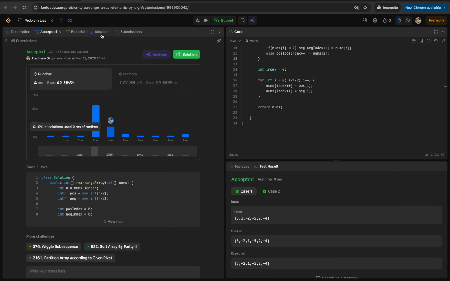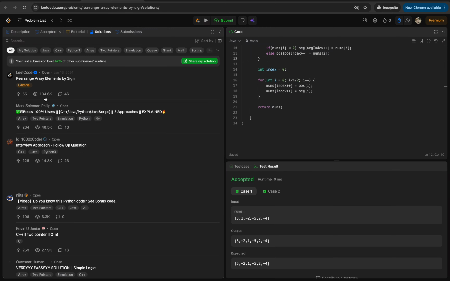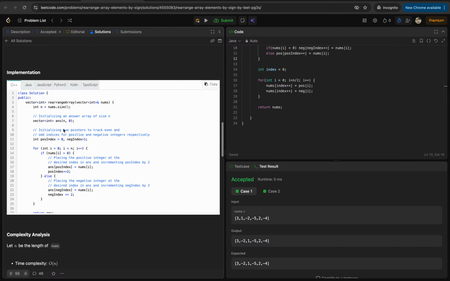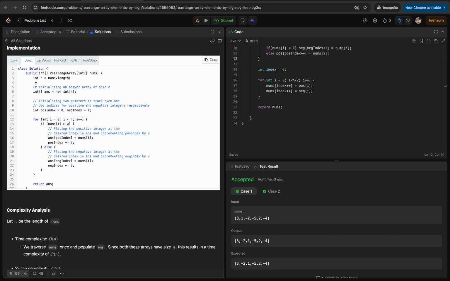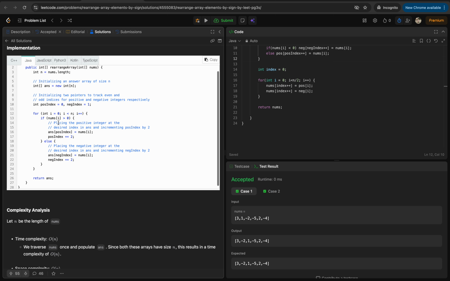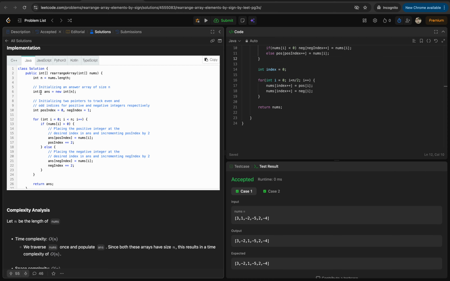Done. But why was it a medium question? Let's see. Are they doing it in place? No, right? They are taking a separate array. Initialize two pointers to track even and odd, positive and negative.